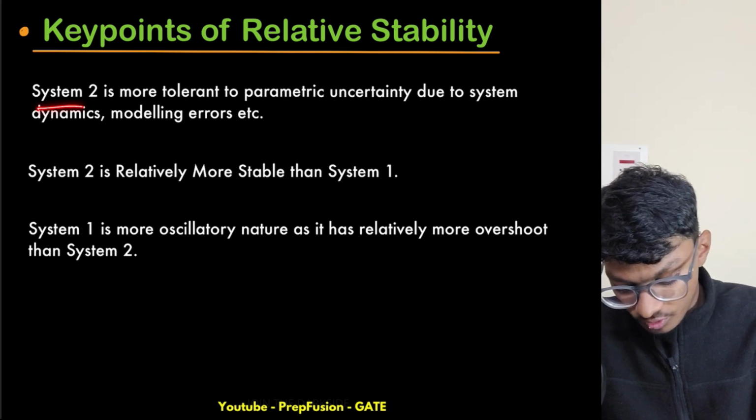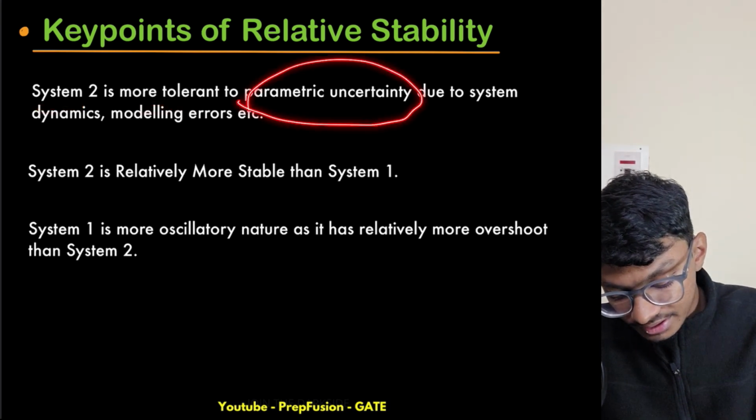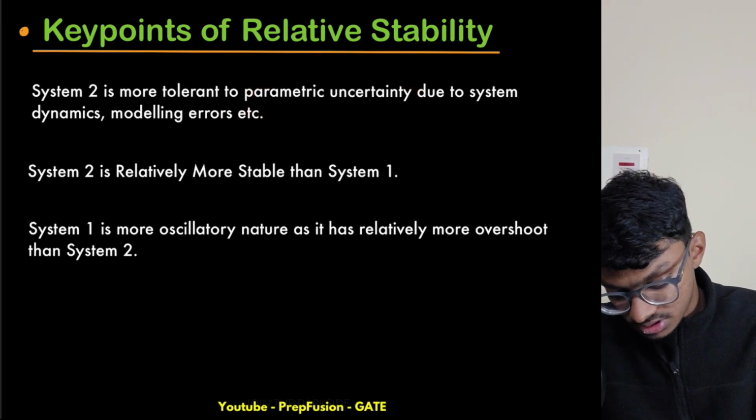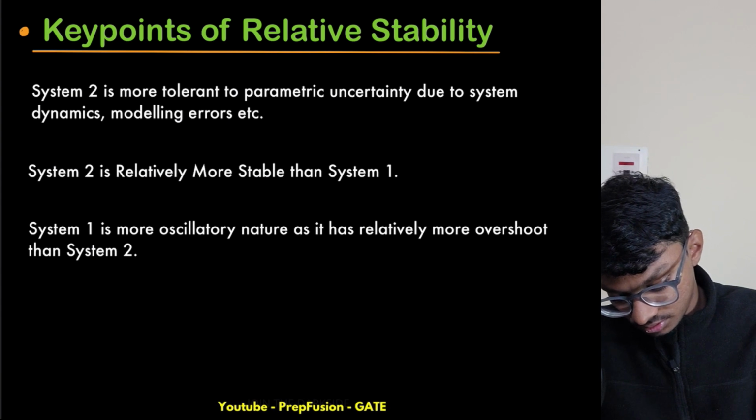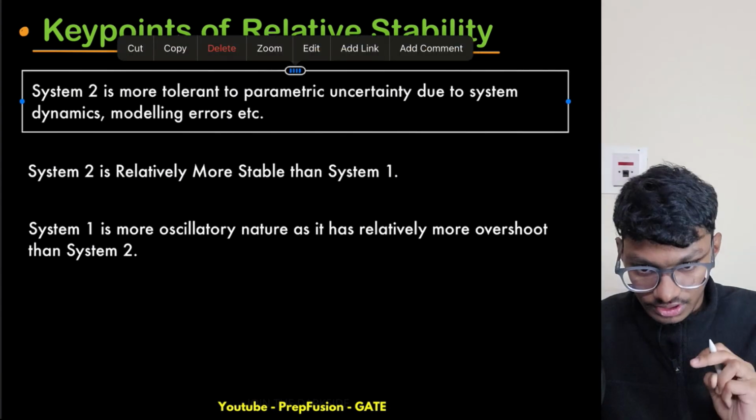We are telling that system 2 is more tolerant to parametric uncertainty due to system dynamics. Okay, this is not right, sorry. This will actually be system 1. I have written it wrong.